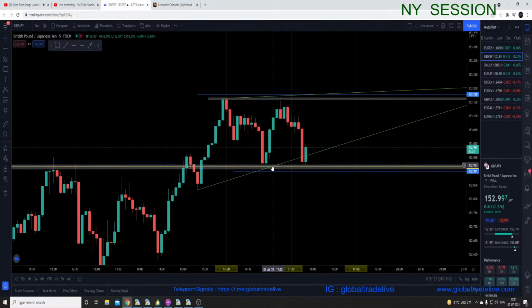Yeah, the 1 hour candle just came down here. This was the low of the previous 1 hour candle, and this is the low of the current 1 hour candle over here. Now they both just rejected the same price, right?